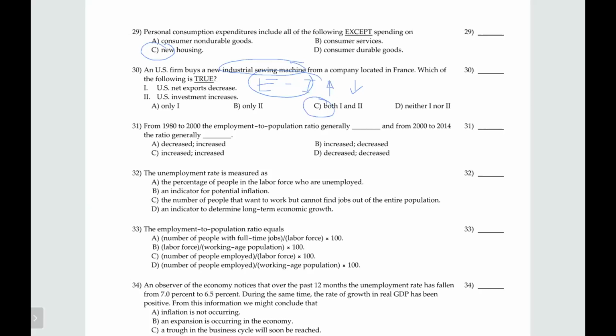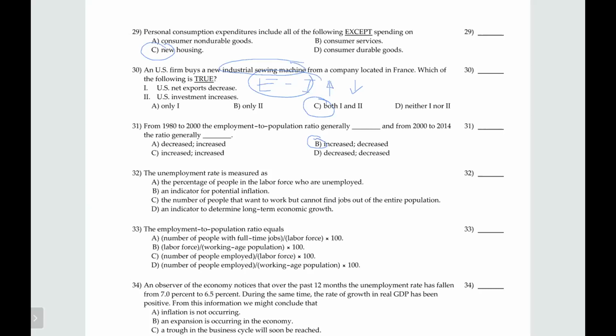Now 31. From 1980 to 2000, the employment to population ratio, and another one is from 2000 to 2014, the ratio generally. So the answer here, I can tell, is increasing and decreasing. If you can remember these, don't worry. This probably is not going to show up in the exam, but it's good to know.